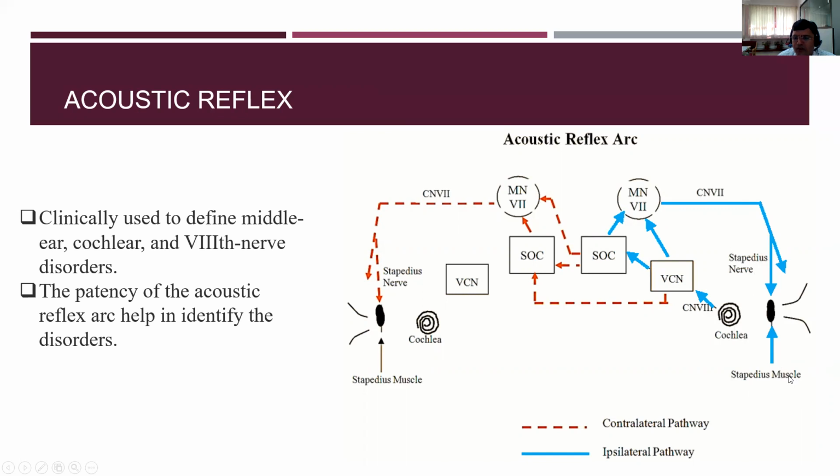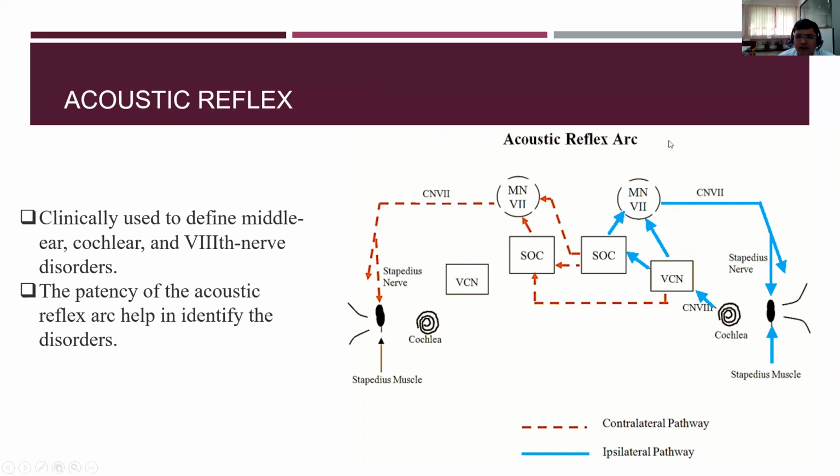The stimulus presented is usually loud to see the contraction reflex of the stapedius muscle. So usually at 65 to 70 dB, you will be able to see the contraction. So any breakdown in the pathways leads to absence of responses.